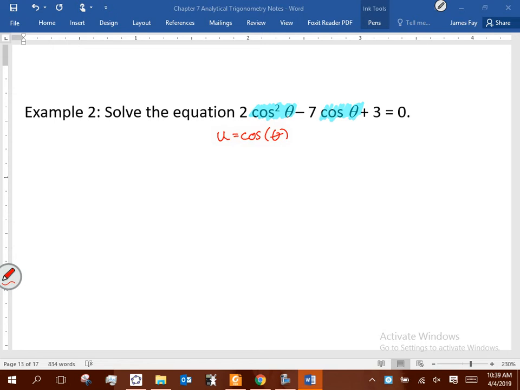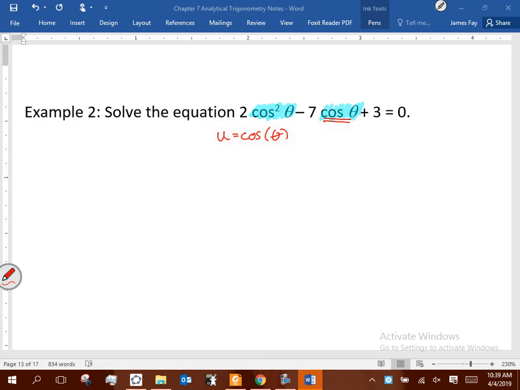All right, and the reason I do that: if I recognize that the equation is quadratic in nature, I'm always going to take the b value's variable part and let that be u. That makes sense? We did this when we did x to the 4th minus 7x squared plus 3. We went to that middle b term and chose our u to be the variable part of that b term.